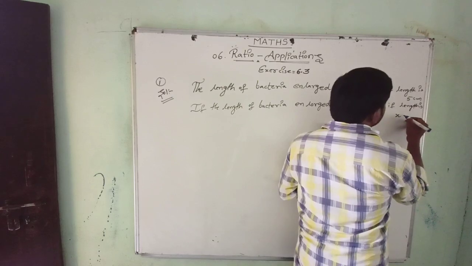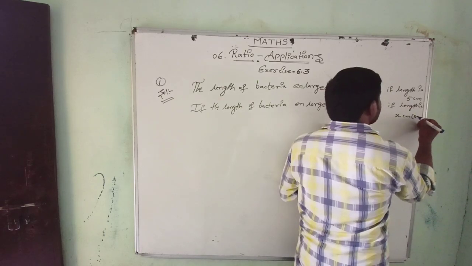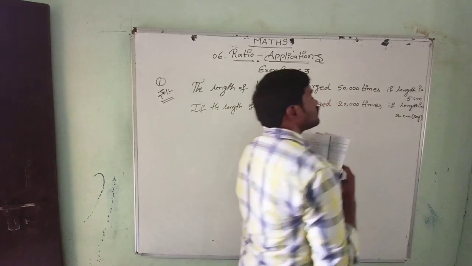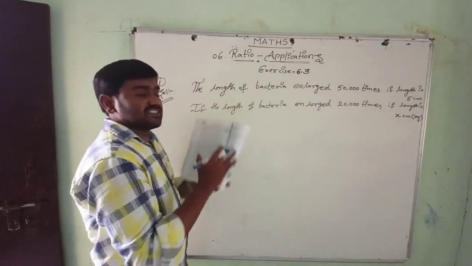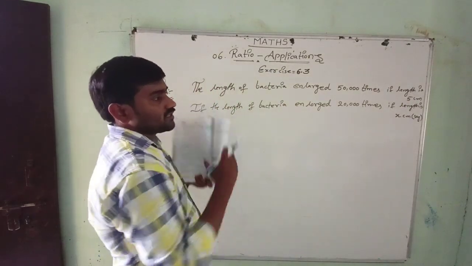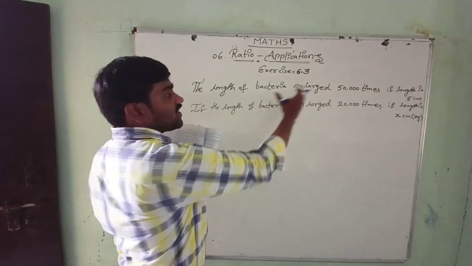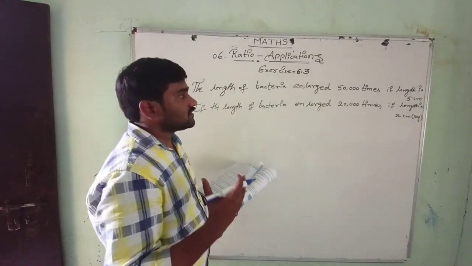Let us assume x centimeters. That means if it is x centimeters, it is enlarged 20,000 times. If it is 5 centimeters, it is enlarged 50,000 times.